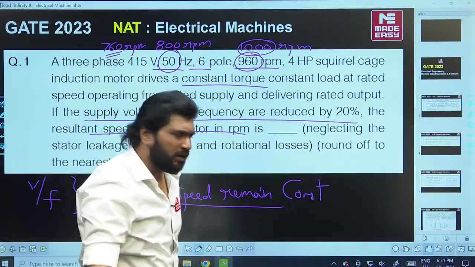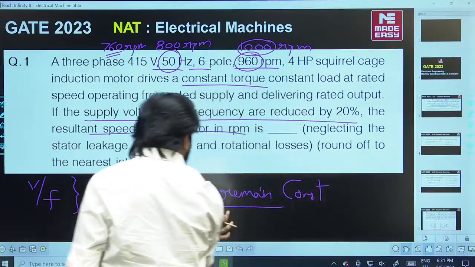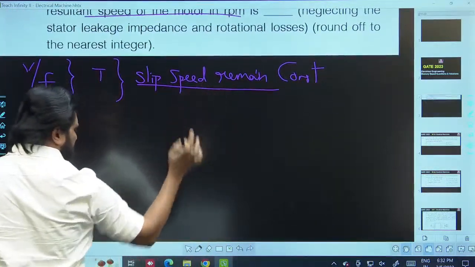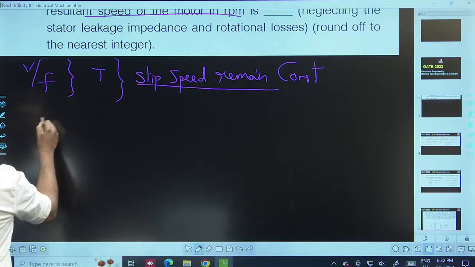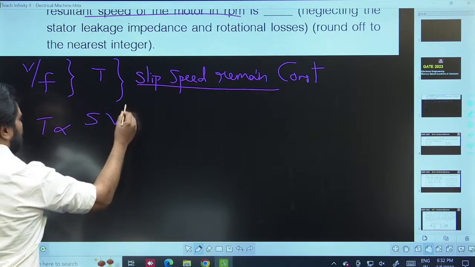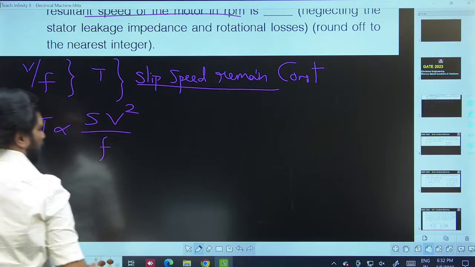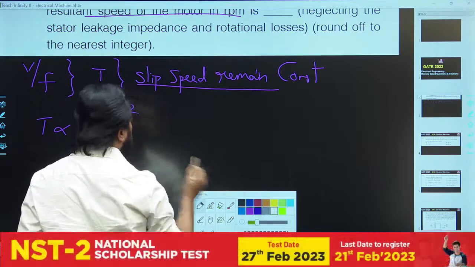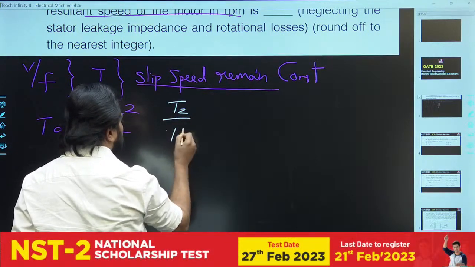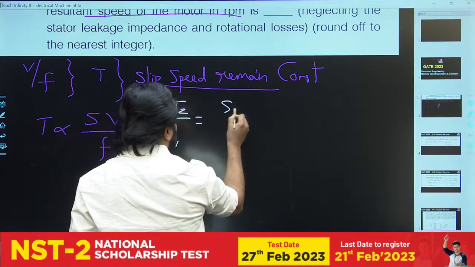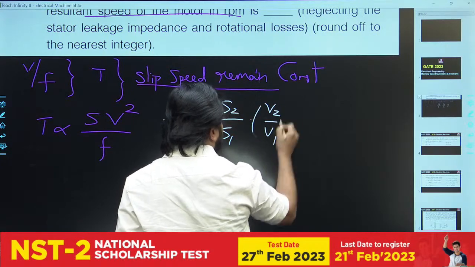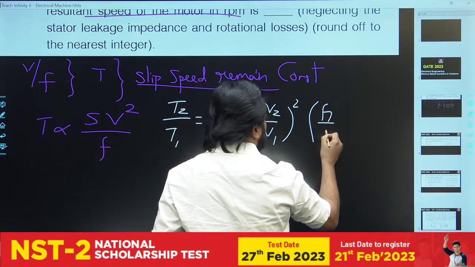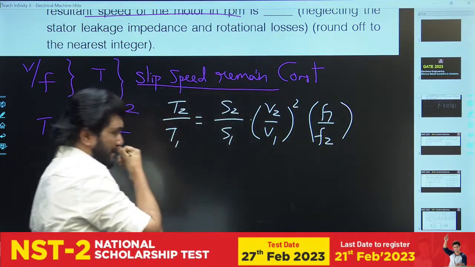Another way is the formula. As you know, the basic one: T proportional to S V square by F. From this you can write T2 by T1 equals S2 by S1 into (V2 by V1) square into F1 by F2.